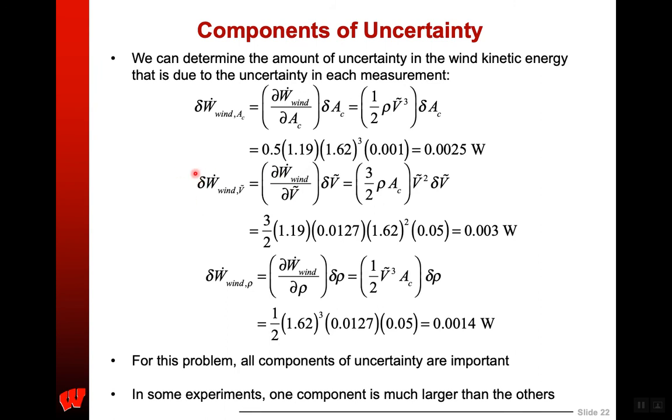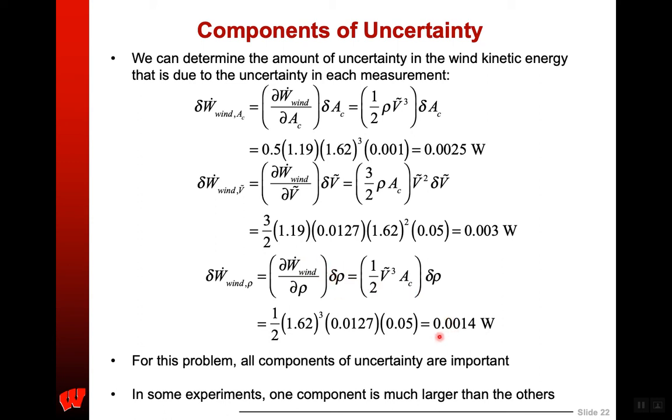I know that the uncertainty in the wind power due to my uncertainty in velocity is this times the uncertainty in velocity, and I can plug that stuff in, and I get an actual value, 0.003 watts. Same deal with density. I don't know my density exactly, so I have to take the sensitivity to density, multiply it by my uncertainty in density, and I will get some number.